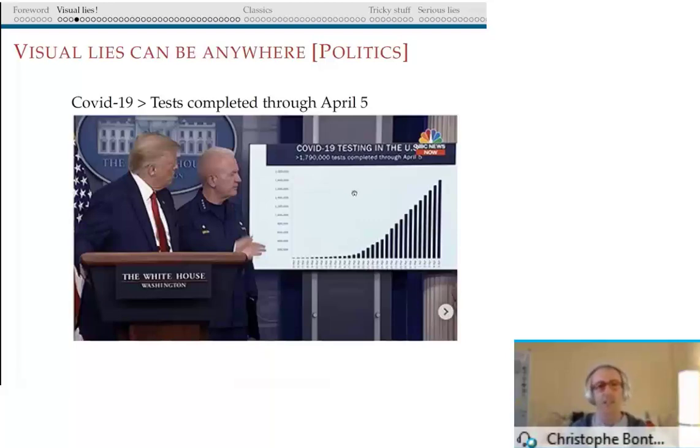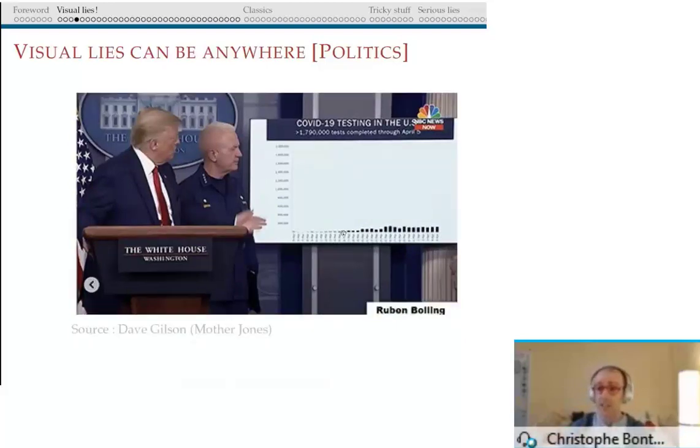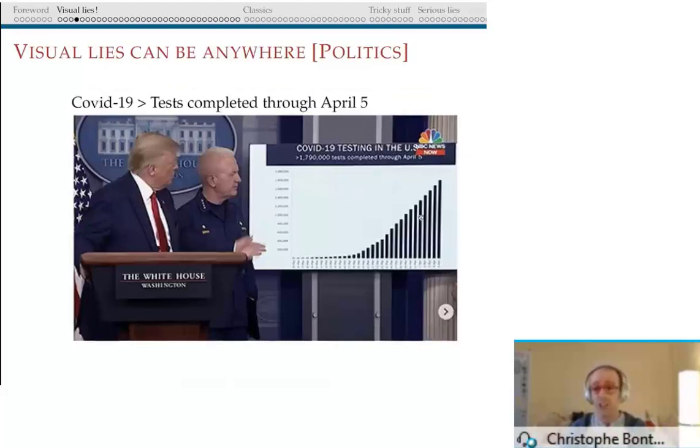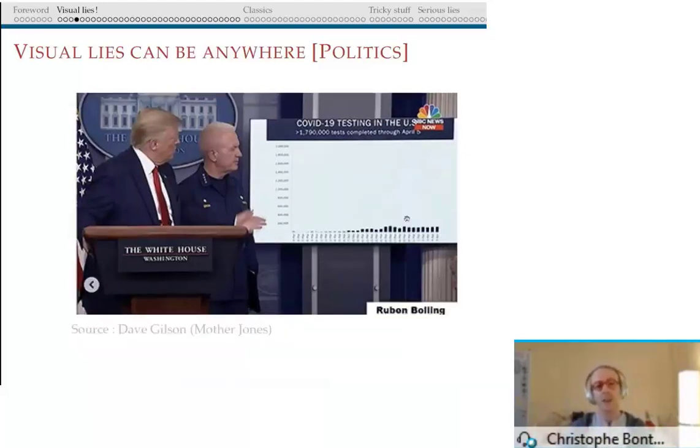The reality is this: it's stable, because when you have a cumulative with a linear trend, it means that every day you do exactly the same amount of testing. Imagine the impact on the population looking at this graphic and saying, oh, it's not so much. I mean, here, of course, the scale should have been changed, right? But still, you can have visualies, that is, what you see is not what is in the data anyway.